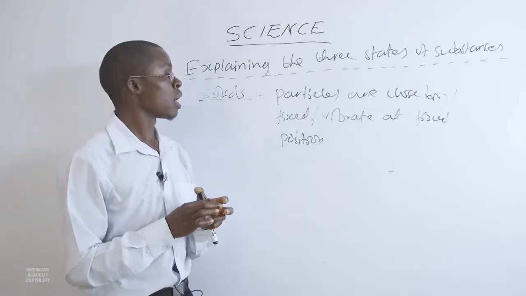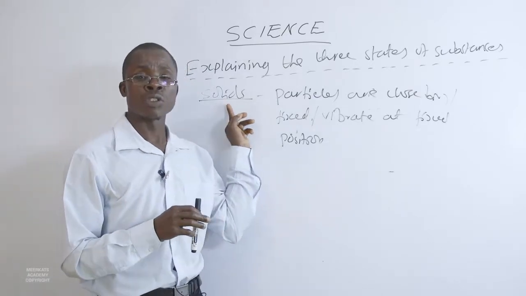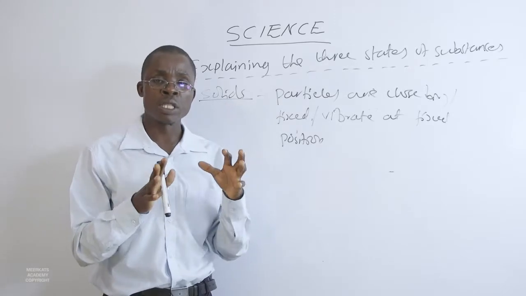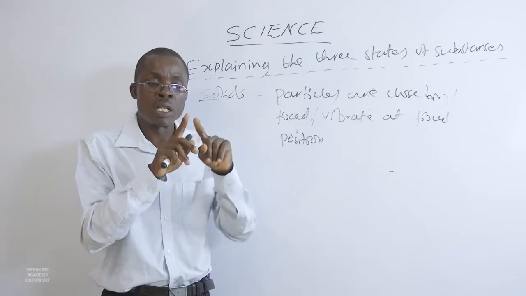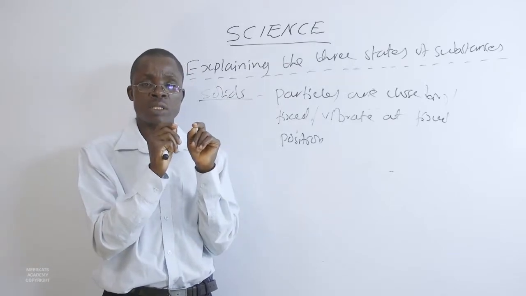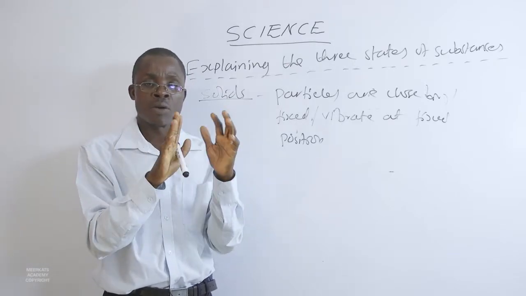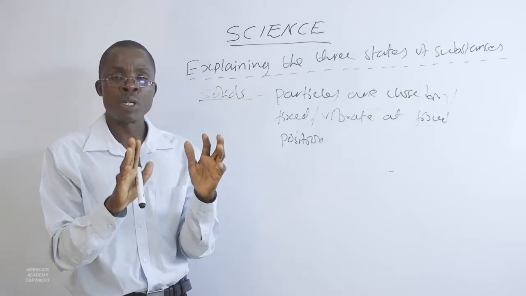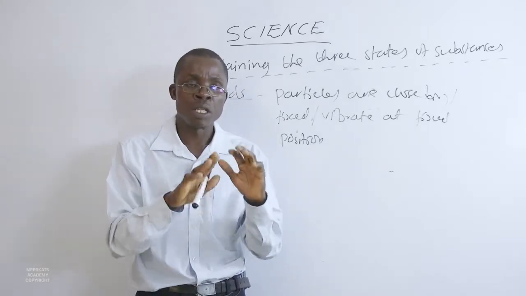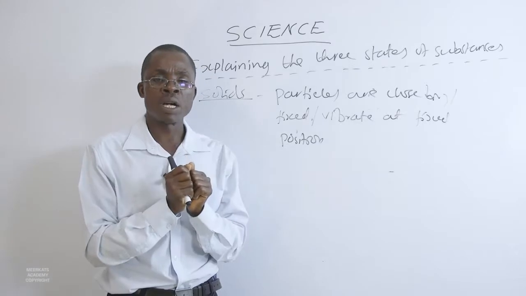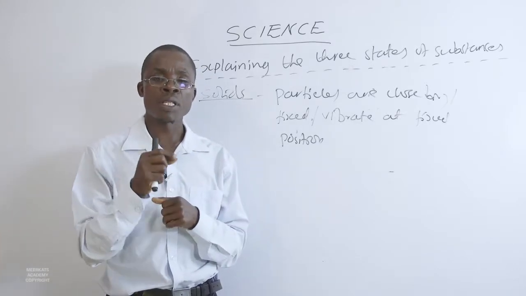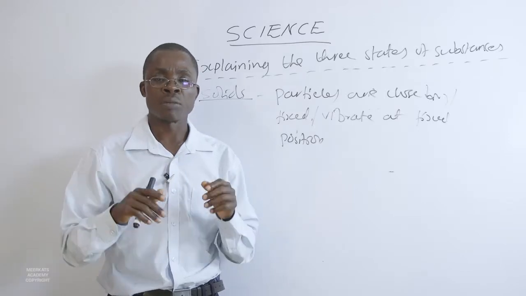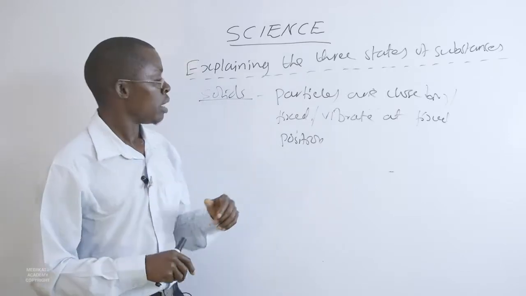Because you are looking at the properties of solids, that particles in a solid will be in a fixed position, so they will remain the way I have left it. If it is a very good penguin or kangaroo that has been made in sculpture form, it will always remain that way, because particles in a solid are in fixed position.